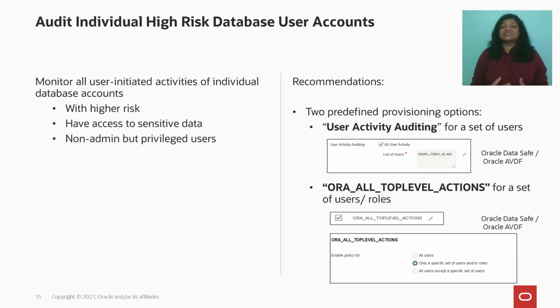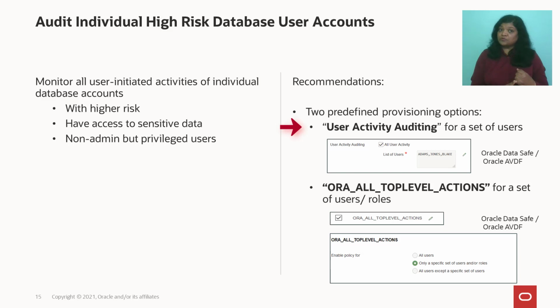For individual high-risk database user accounts, in some cases it will be necessary to closely monitor all the user-initiated activities of individual database accounts because they may be higher risk or they may have access to your sensitive data. There are two provisioning options in Oracle Data Safe or Oracle AVDF console for tracking such users with predefined audit policies such as the one shown below.